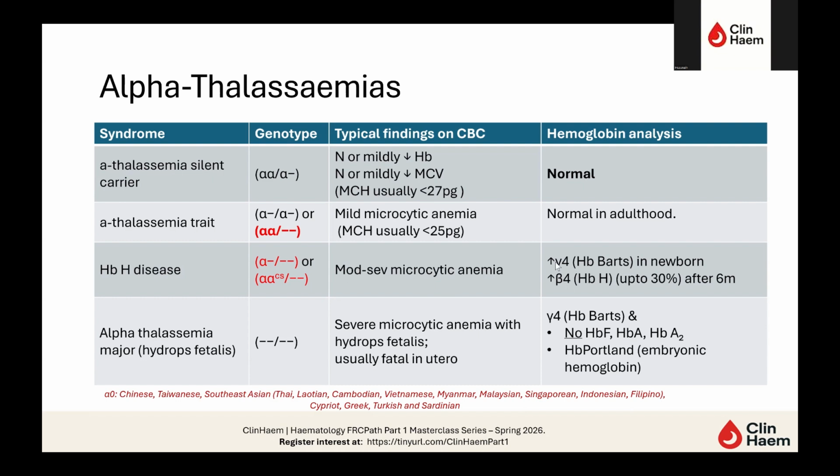The excess gamma chains in newborns would appear, which is hemoglobin Bart's, and after 3 months or 6 months of age, they will have beta 4 tetramer, which is HbH, and after 6 months, it might be up to 30% in HbH disease. The rest might be HbA, so that's why they still might be doing relatively okay compared to this. But HbH has a very wide spectrum, as I will show you in a slide at the end.